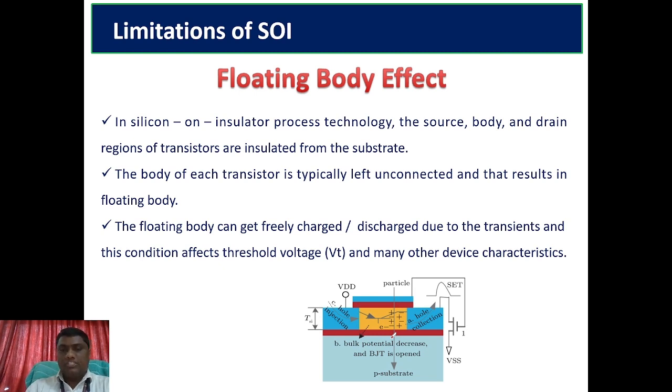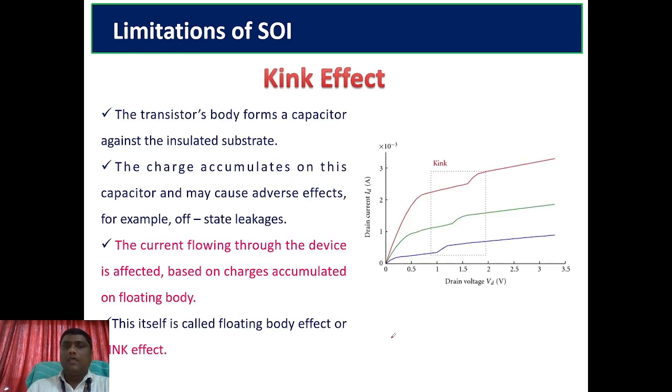So the bulk potential decreases, but the floating body effect is always an issue in the case of the SOI. The kink effect is another issue, because the transistor forms a capacitor against the insulating substrate. You can see the drain voltage versus the drain current, and here you can observe the charge accumulated on this capacitor, which may cause adverse effects.